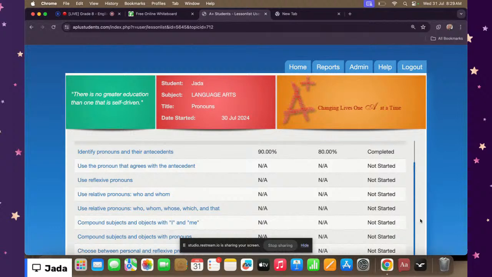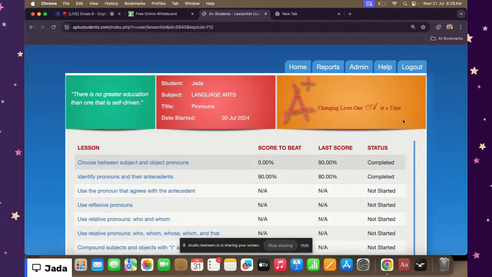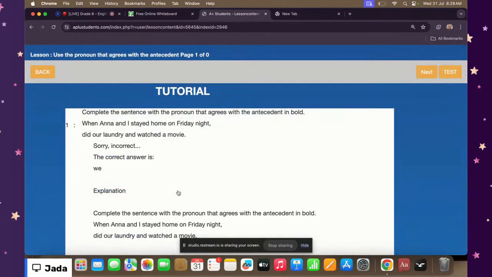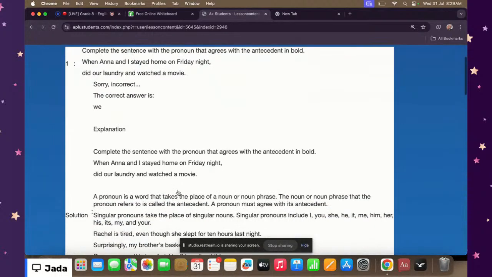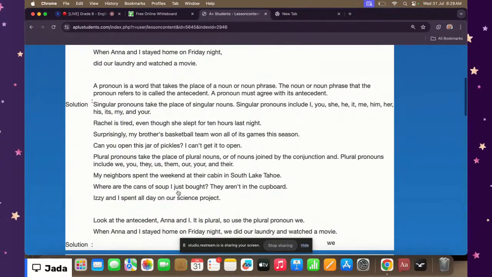So now we will go on to use the pronoun that agrees with the antecedent. So a pronoun that agrees with both of them.